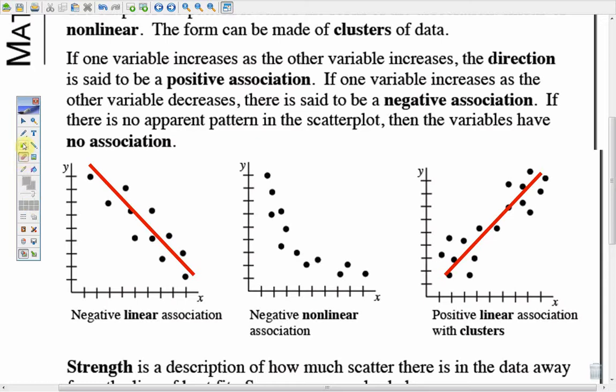And we can also see that we get some little bunches of data here and here, and those things are called clusters. And then we have a negative nonlinear association. If we wanted to put a line through here, you see that's a curve. It's not a straight line. This could be an exponential function. We don't quite know, but it's nonlinear, okay?